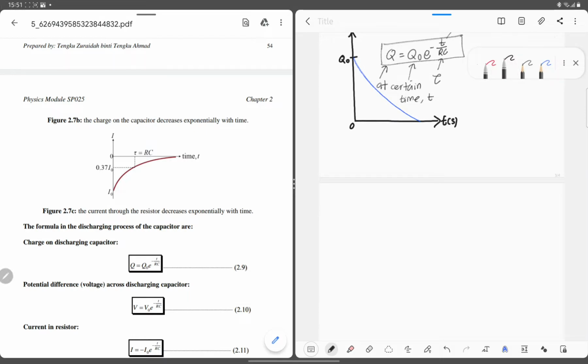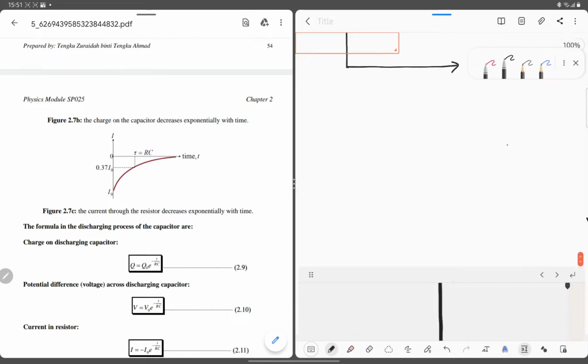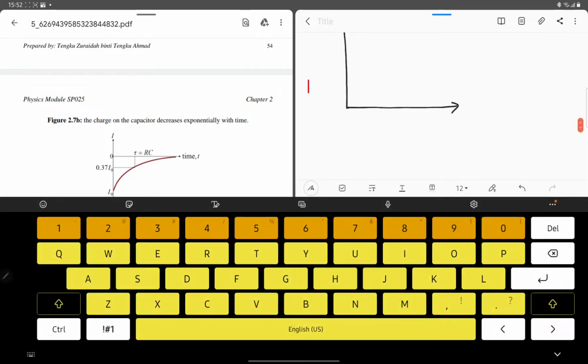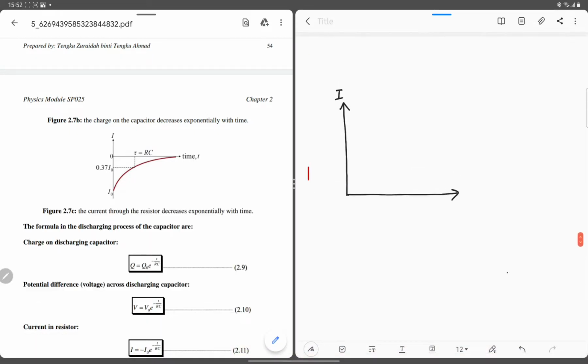So let me get the current graph here. Okay, so I have a graph of current. My axis now, this is I against t.